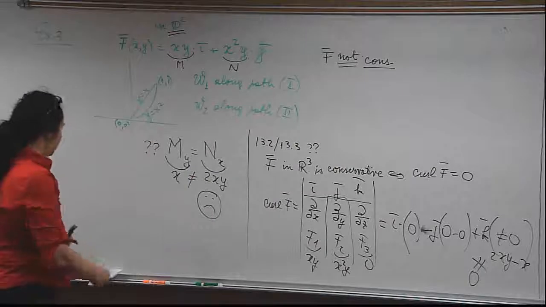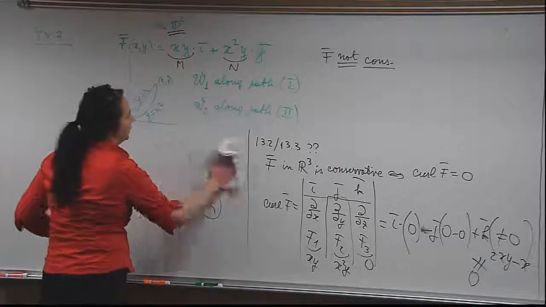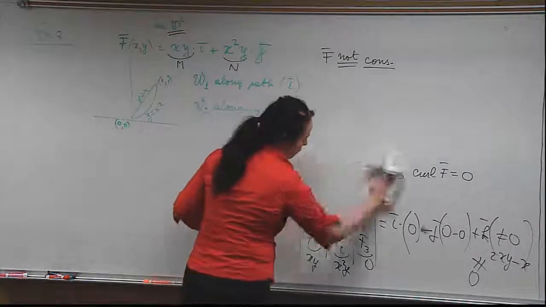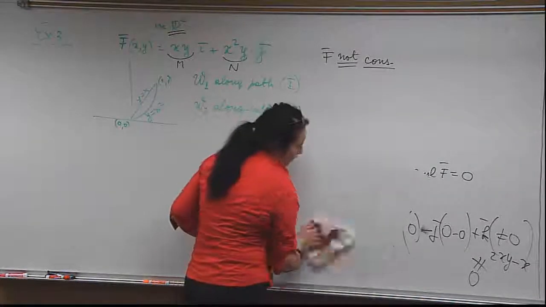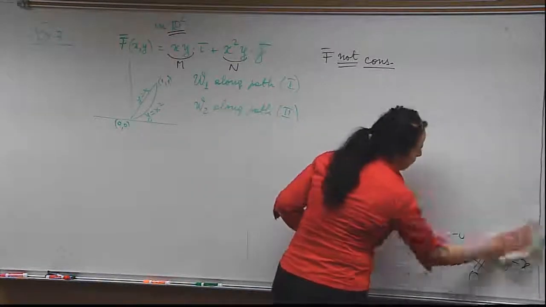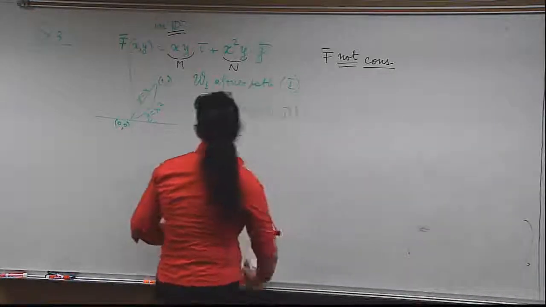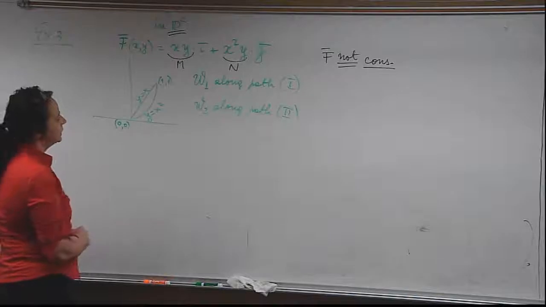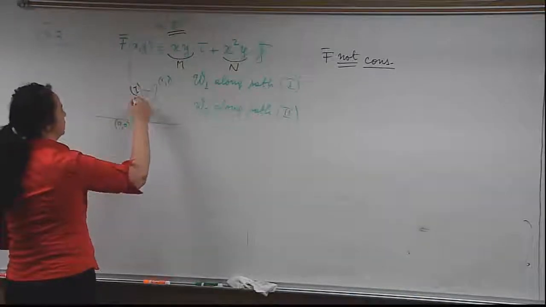And then we can say goodbye to the whole thing here and move on to computing the works. What is the only way we can do that? By parameterizing the first path. This is the first path.